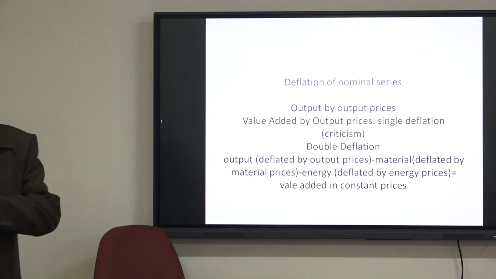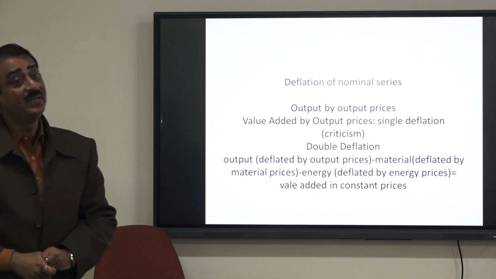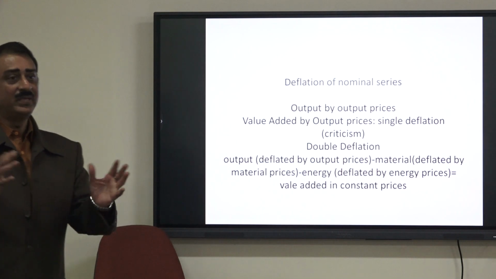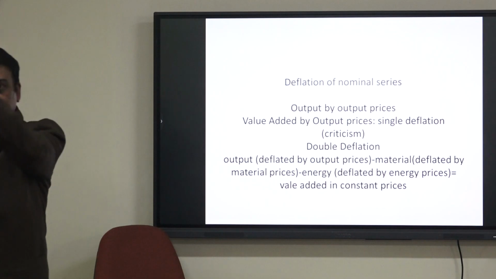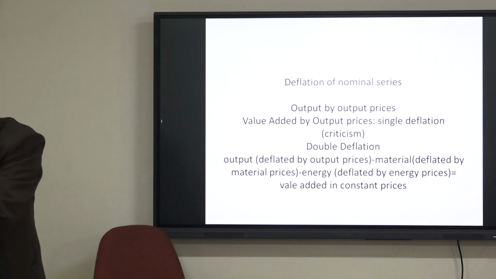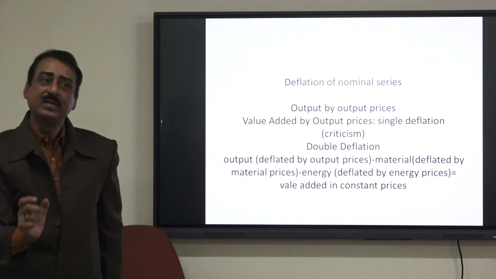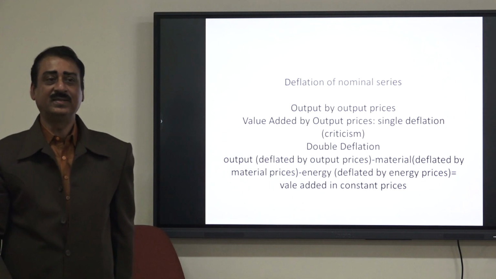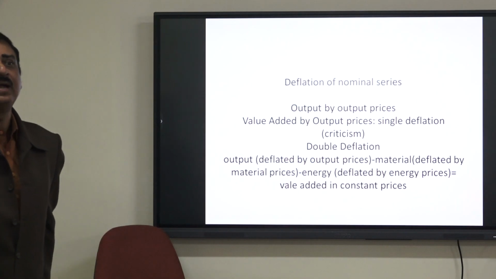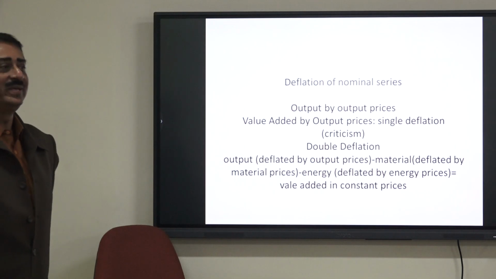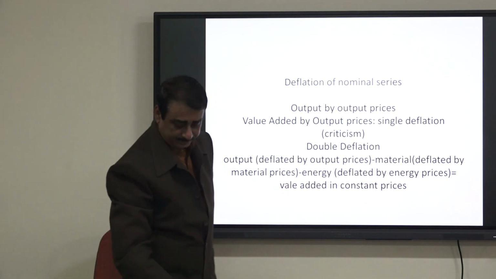Then you will get the deflated value added. This is what is called the double deflation method. So in double deflation, you are deflating the output by output prices, deflating the inputs by input prices, and then deducting one from the other, and what you get is the deflated gross value added. Whereas in the single deflation method, you assume that output and material prices are moving in the same manner, and then you follow that.